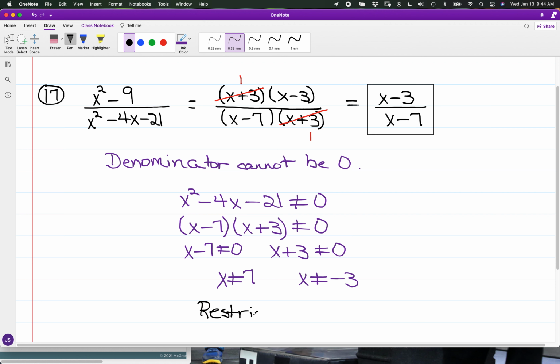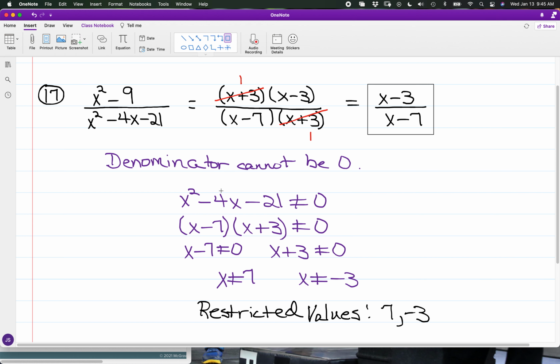In other words, the restricted values are those values of x that are not allowed in order for the expression in the ratio to be defined, and that is to avoid having a 0 value denominator. So we have restricted values at 7 as well as negative 3.